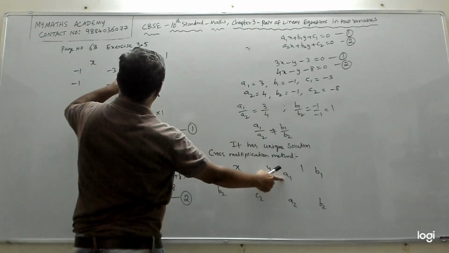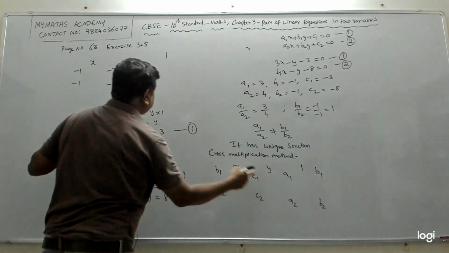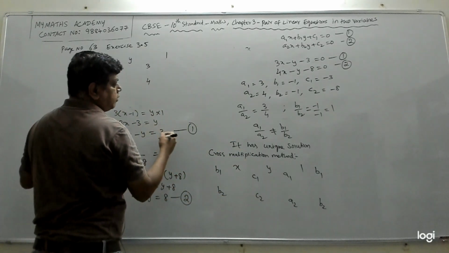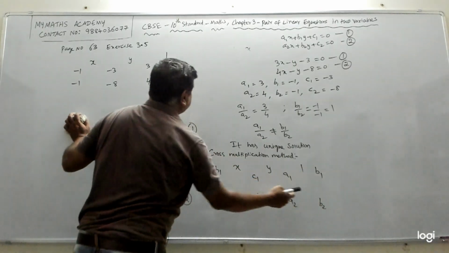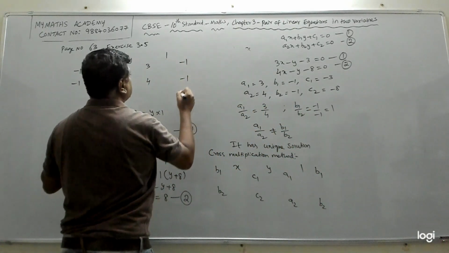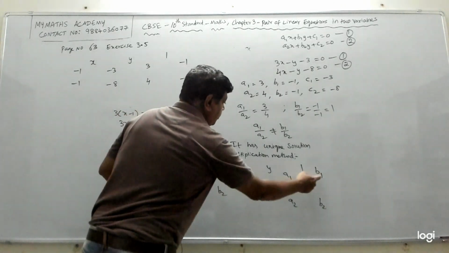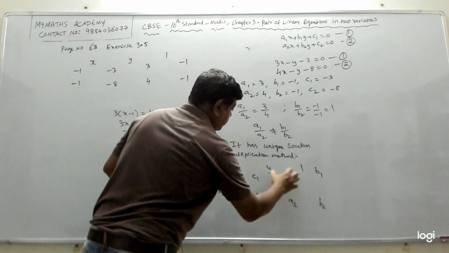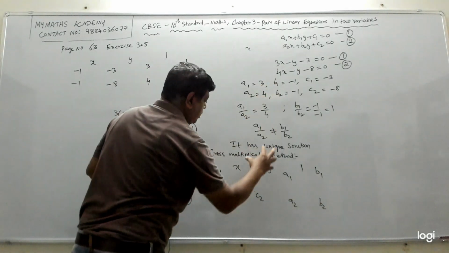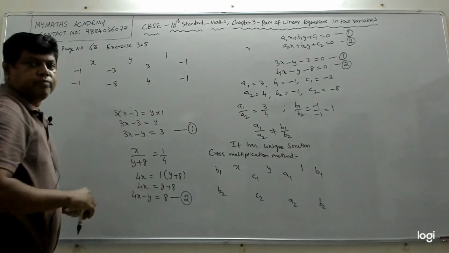A1 is 3. A2 is 4. Then after that we have B1, B2, which are minus 1 and minus 1. So we have put these values: B1, C1, A1, B1, B2, C2, A2, B2. These values we are taking from here and substituting here, and we are getting this.